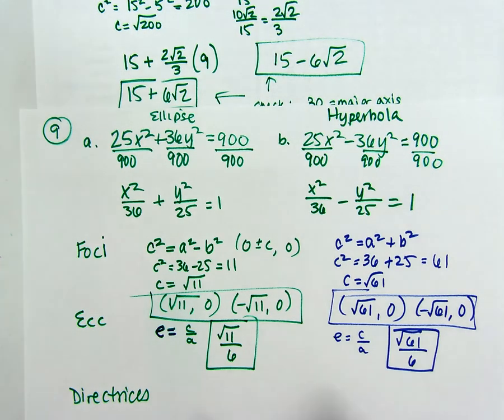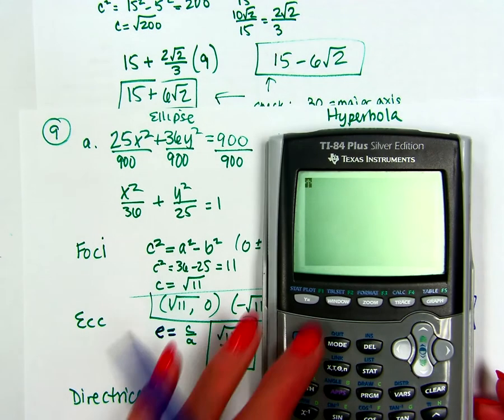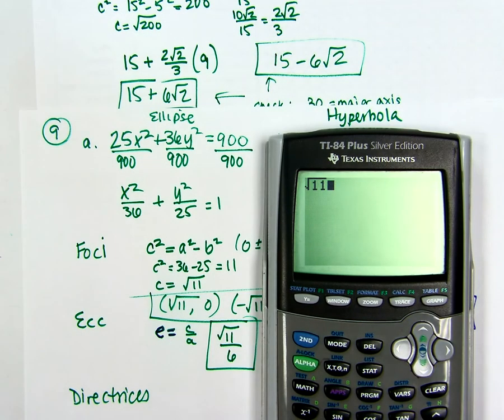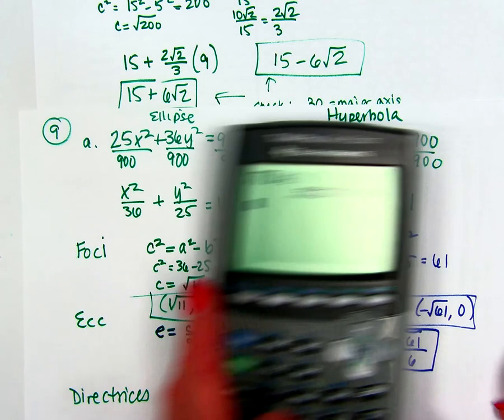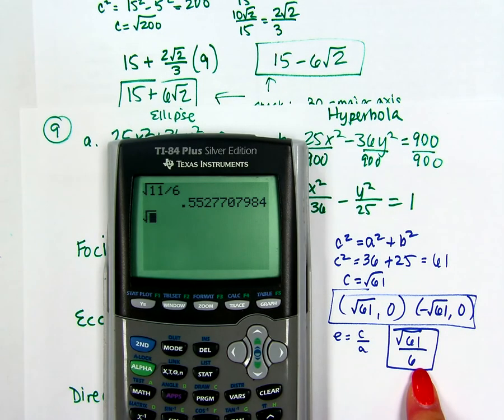Now remember, we said that the eccentricity should be between 0 and 1 for our ellipse, and always greater than 1 for our hyperbola. So just as a reminder, checks out.